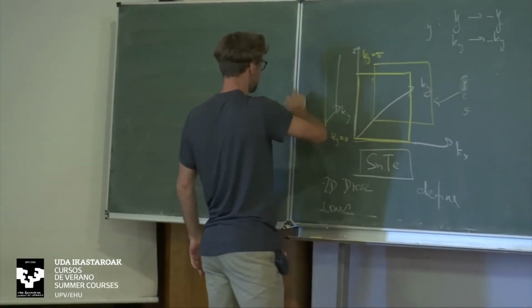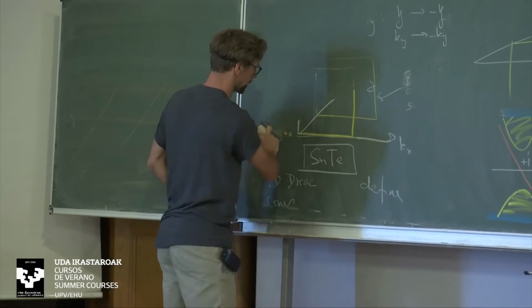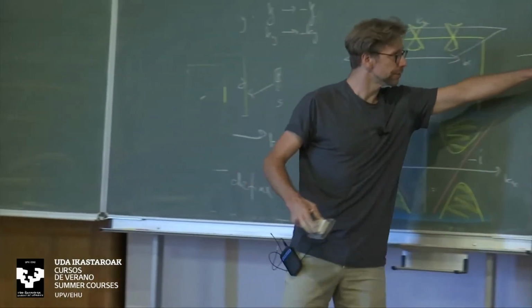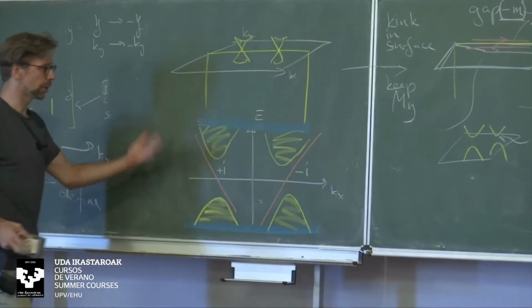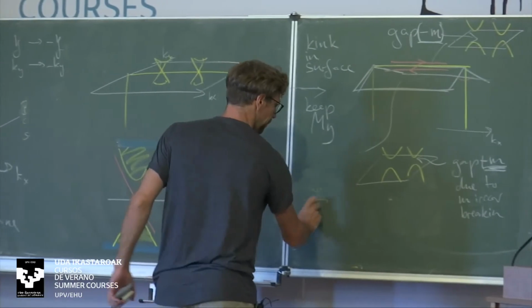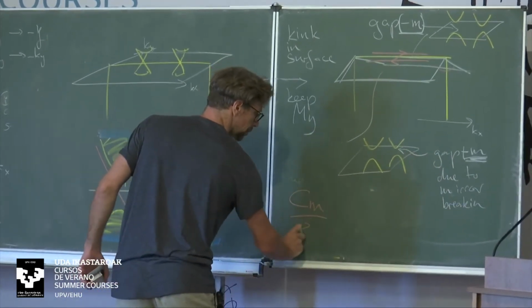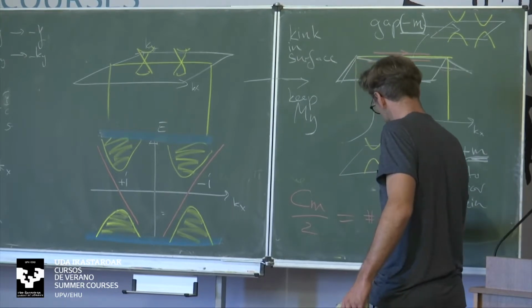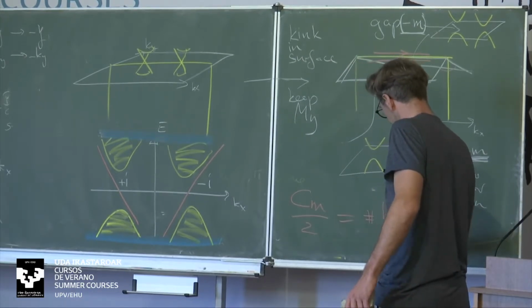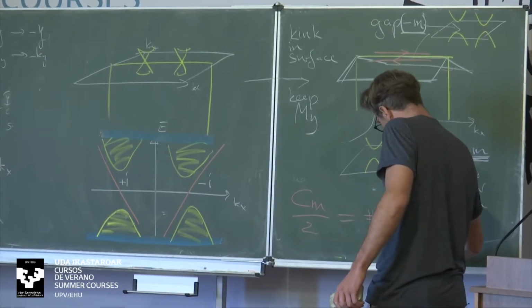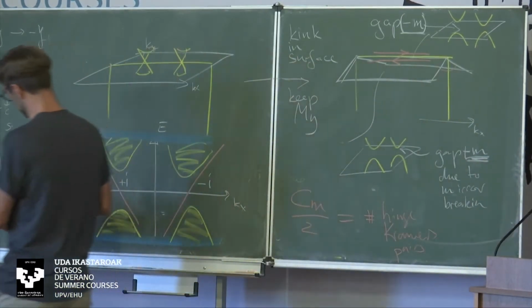So here you see that this is an integer classification, because the number of these Kramers pairs of modes would be equal to Cm over 2. Yeah? Cm over 2 is equal to the number of hinge Kramers pairs. So it's an integer classification.